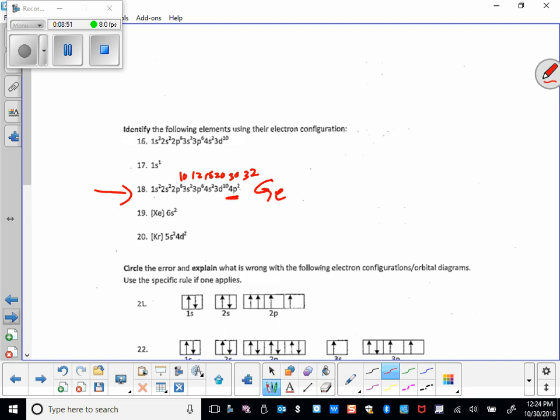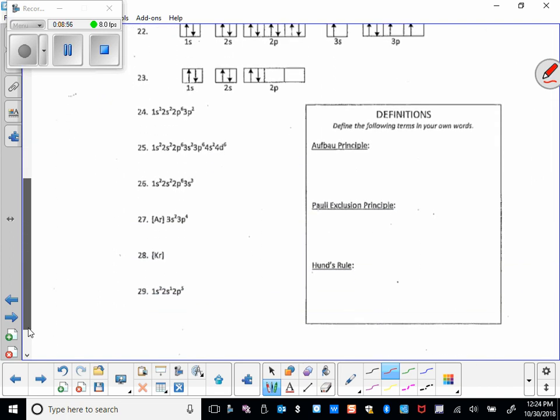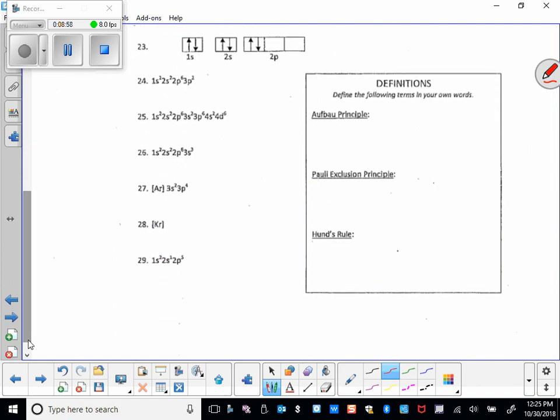Okay. Now, we're going to talk about the rules, and then we're going to come back. So guys, it's very interesting to learn the rules because we cannot even see an atom. The atom is so small. And now we are talking about how the electrons are placed within that atom. If you think about it, it's mind-boggling. How the heck were they able to come up with these shapes and answers?